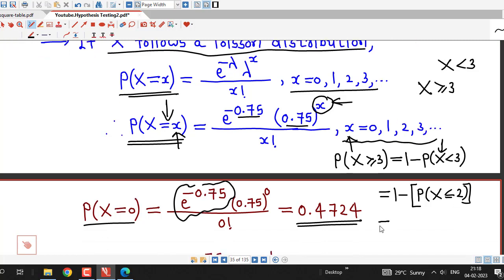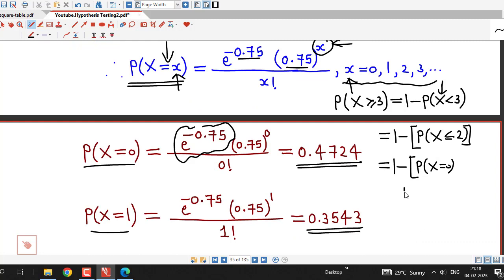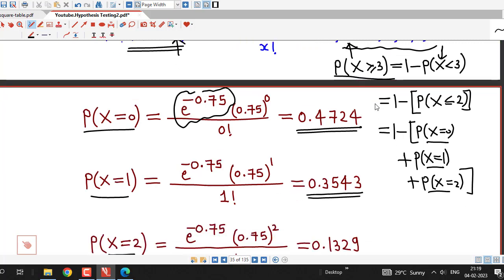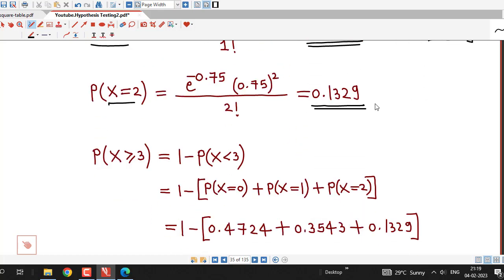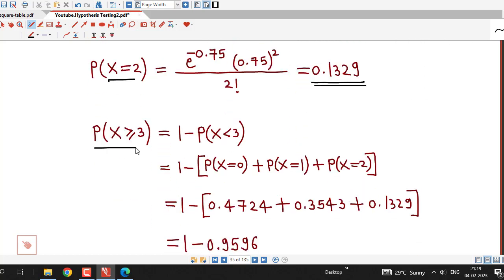Then I have obtained 1 minus the probabilities that X equals 0, X equals 1 and capital X equals 2. I have calculated all these probabilities, so I substitute them and I find the probability that capital X is at least 3, or greater than or equal to 3.